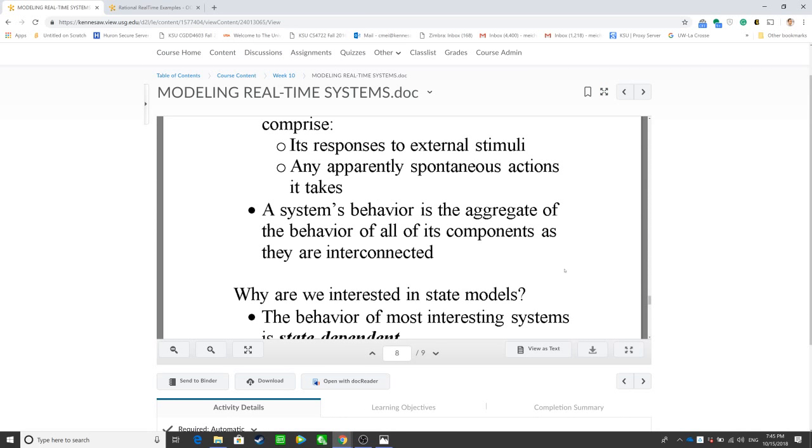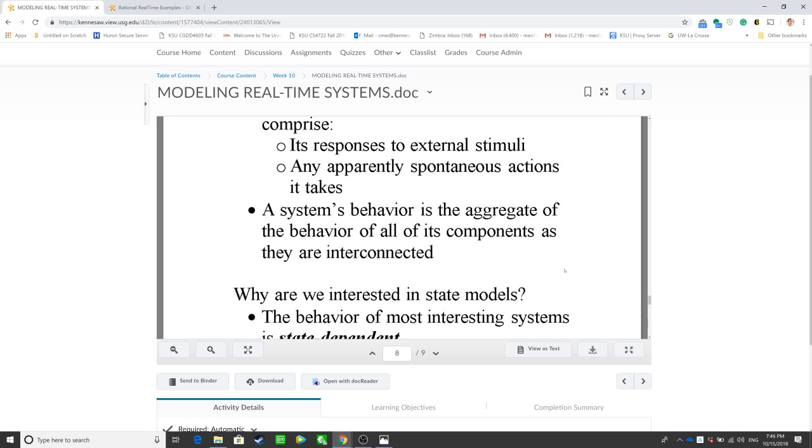And system behavior is the aggregate of the behavior of all its components as they are interconnected. We're talking about the behavior of a capsule here. Another concept is the system's behavior. It's the aggregation of all the behaviors of all these capsules.